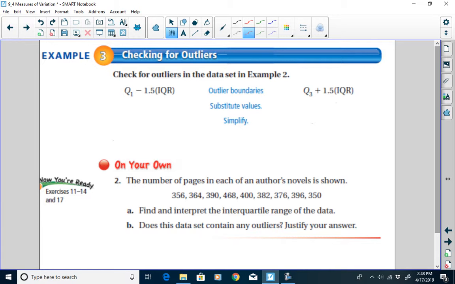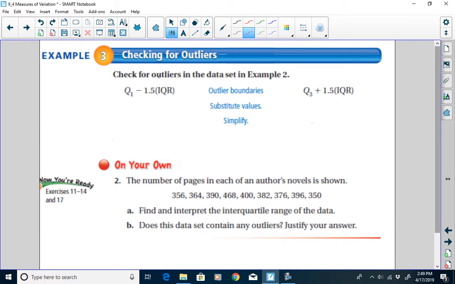But there's a mathematical formula that we can now use to determine if something is mathematically an outlier or not. And we're able to do this because we now know how to calculate the interquartile range. That interquartile range allows us to check for outliers. And here's the formula that we'll use.